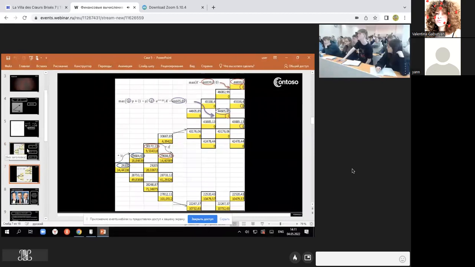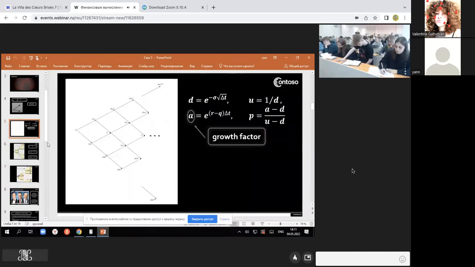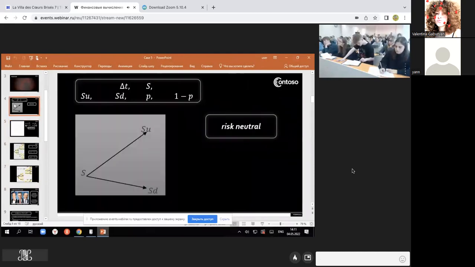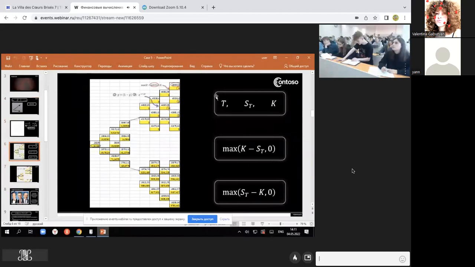How do we get divide by n? Yes, to the number of steps. You will divide. What is capital T? Capital T here represents the time from the current moment to the date of expiration.